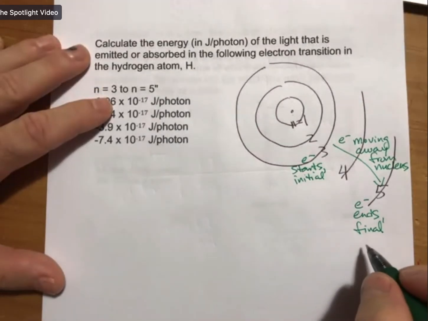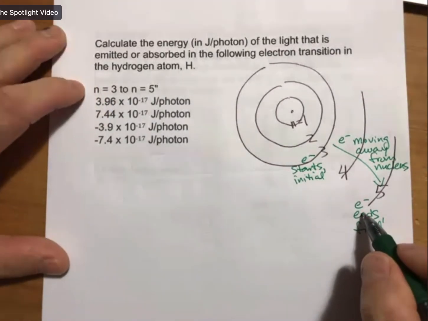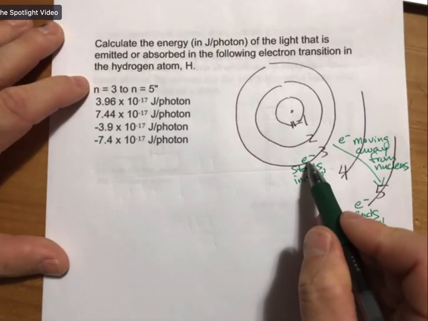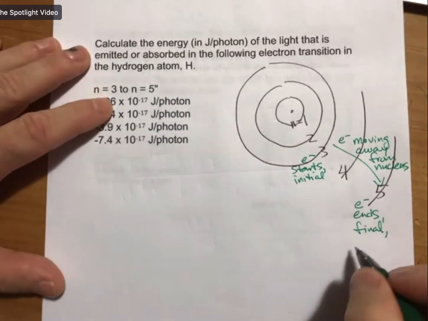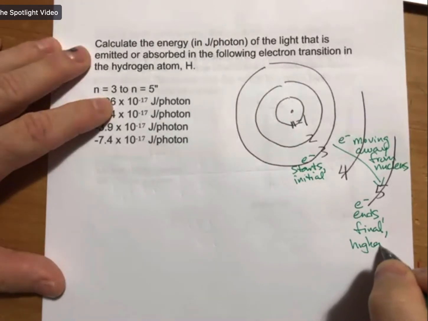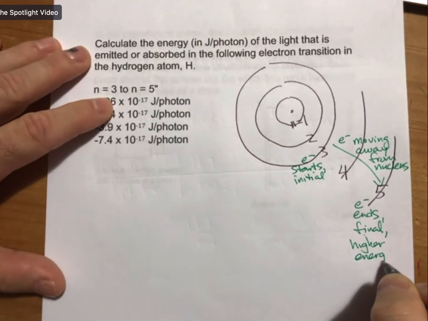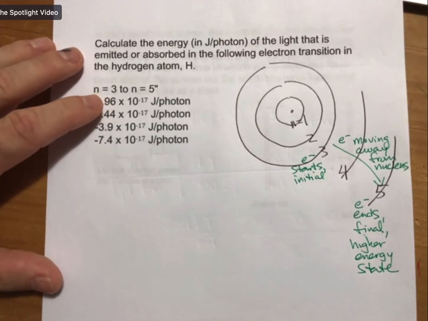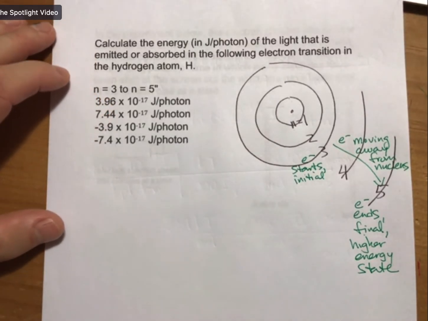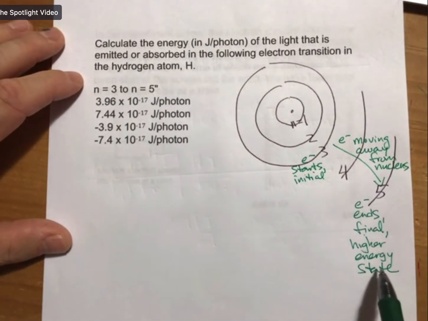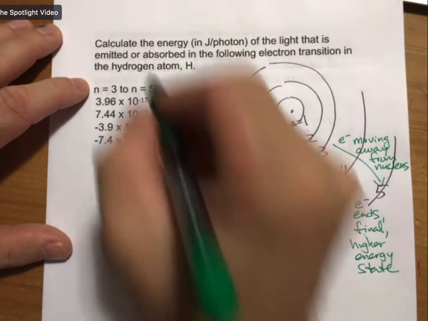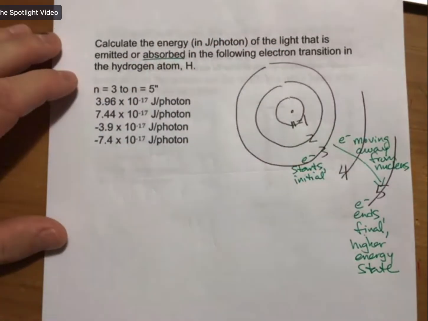And when it does that, it moves to a higher energy state. So lower energy is going to be closer to the nucleus, higher energy farther away. n equals 5 is a higher energy state. And so in order for the electron to move away from the nucleus and go to a higher energy state, it must absorb energy.